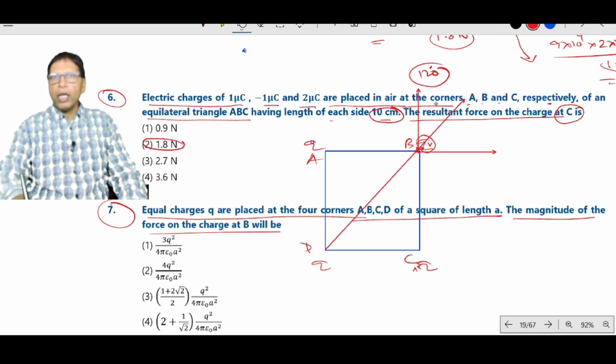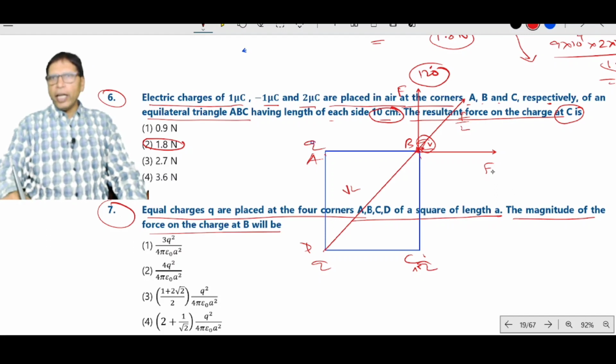Suppose this force is F. This force is also F. Therefore, this force becomes F by 2, because here the distance between the two charges is root 2 times the distance between this and this.